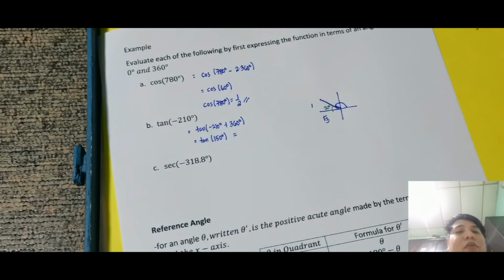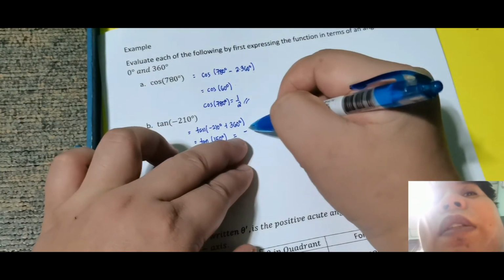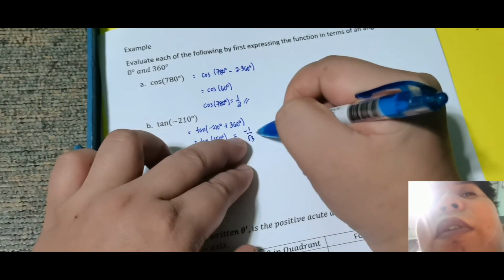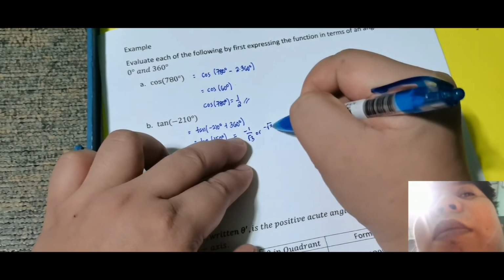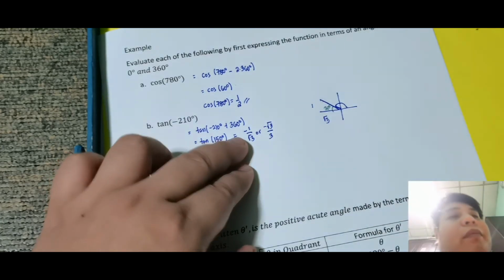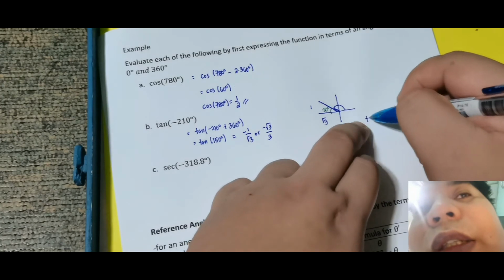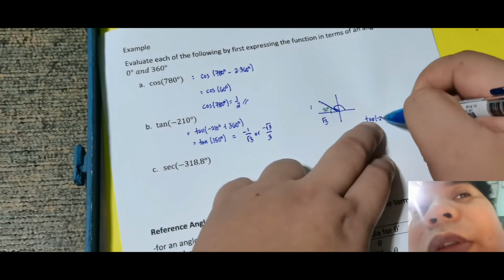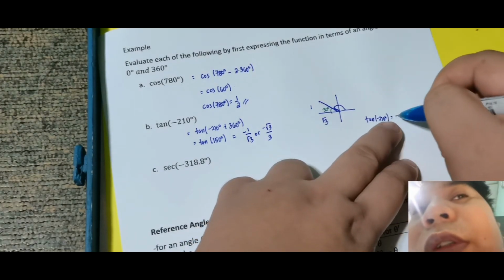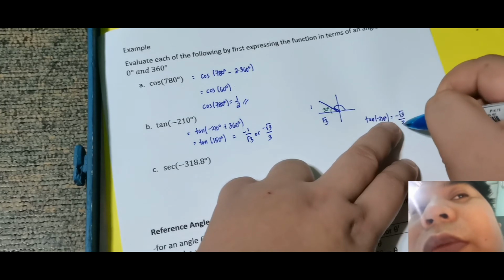So that is negative 1 over square root of 3, or simply negative square root of 3 over 3. Therefore, yung value ng tangent negative 210 degrees is equal to negative square root of 3 over 3.